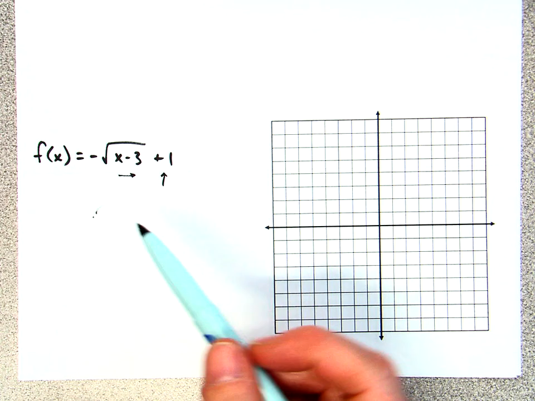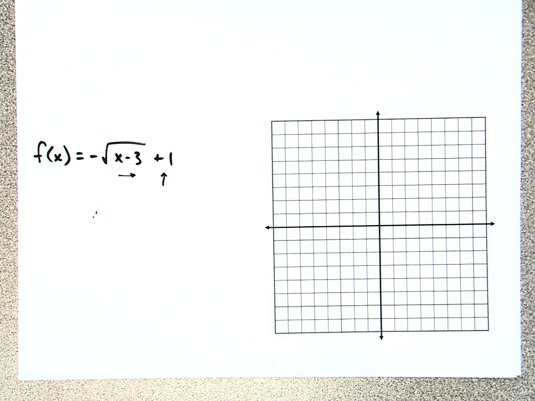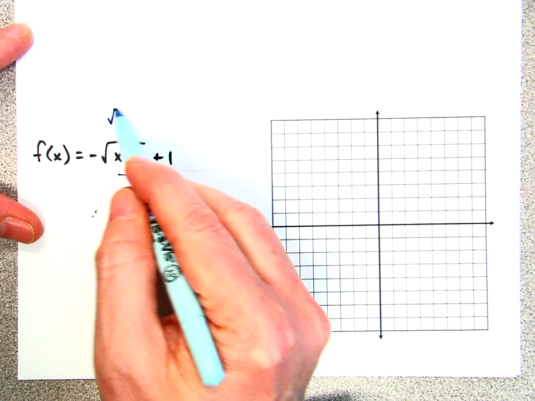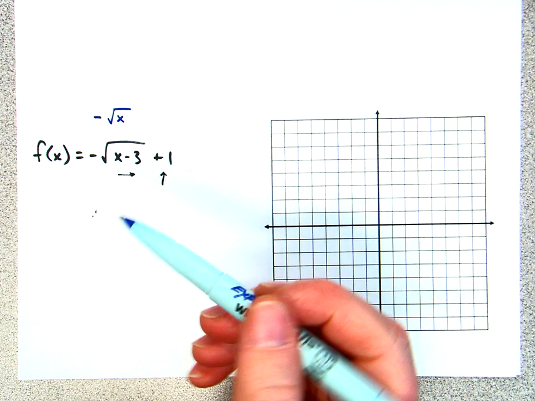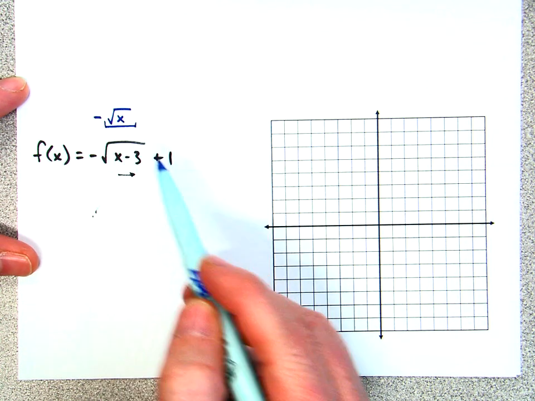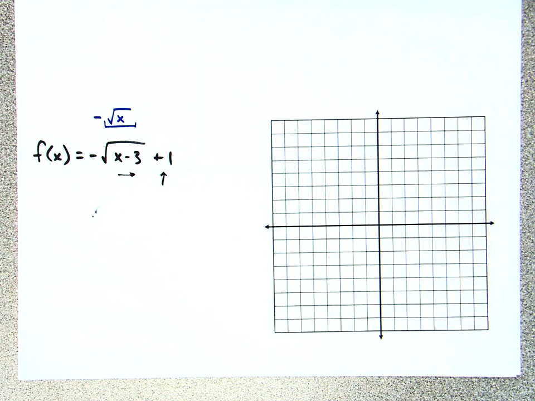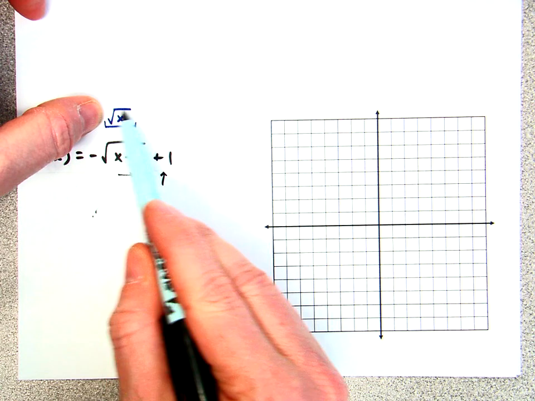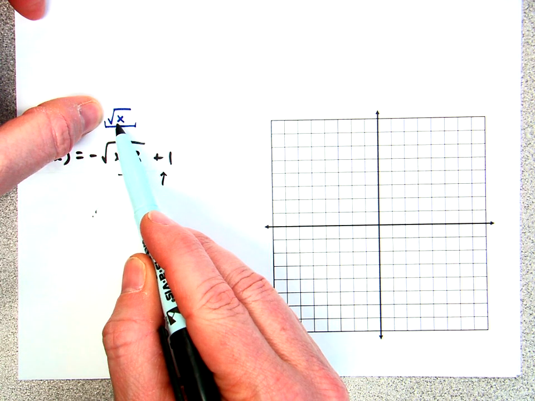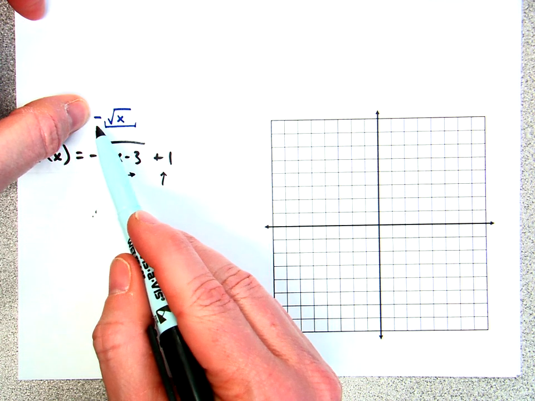Okay? Now, if we looked at just the basic function with a negative in the front, if I produce a y value from the square root, because I would do the root first, right, picking an x, all of these y values would become negative.